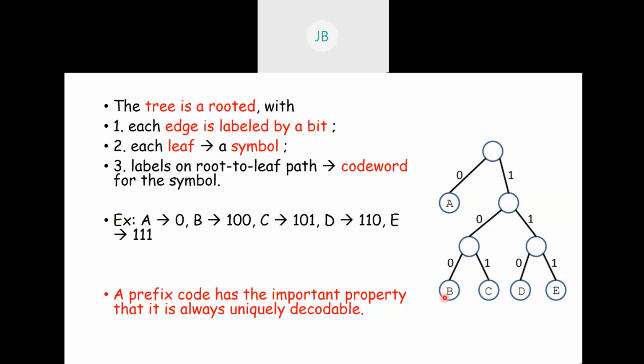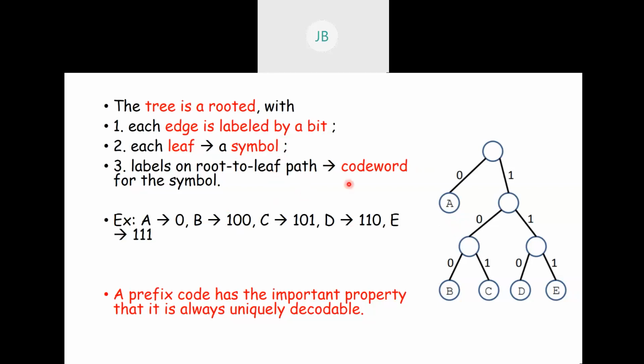For example, if there was one more level, maybe 1 1 1 and one more 1, then we need to extend this. Here 1 0, here 1 1. So this is actually the required symbol here. 1 1 1 and 1, maybe that is F. Okay, so this is how to map between the symbol bit pattern and the tree, and we have followed all the 3 steps here.